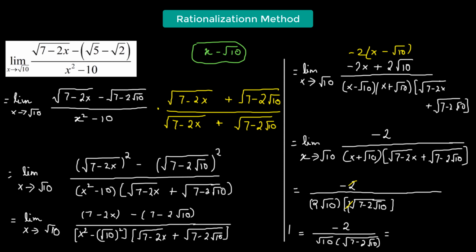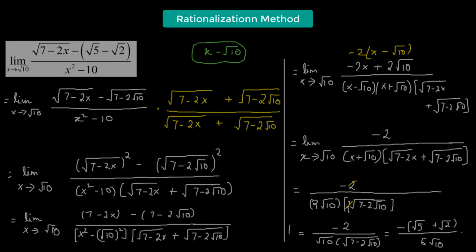Now we can further rationalize this given value, and I'll leave this as an exercise for you to try out. So we have negative times the square root of 5 plus the square root of 2 divided by 6 root 10. So this is going to be the limiting value of the given function when x approaches the square root of 10.